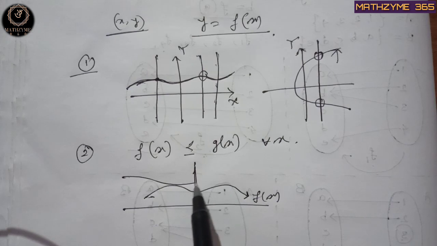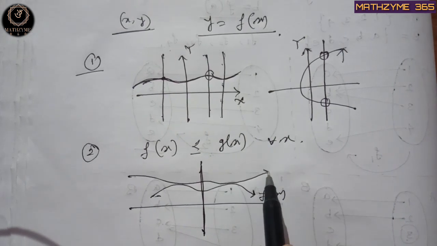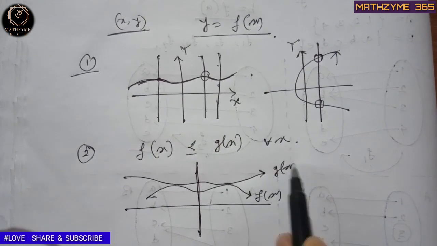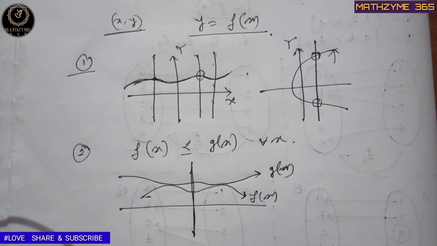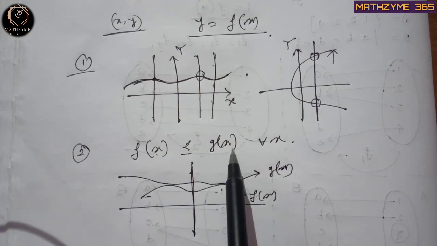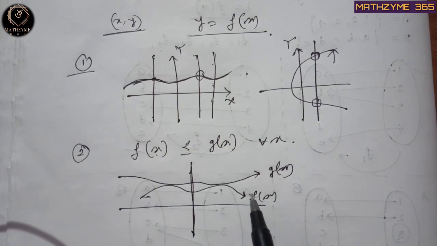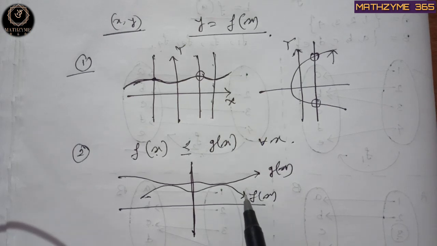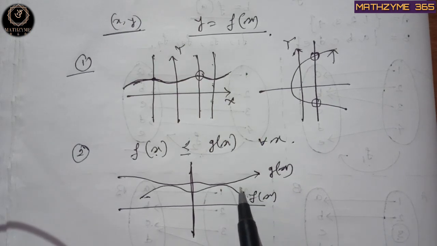You may take this as the f(x) graph, and this as g(x). If f(x) is less than or equal to g(x), then the graph of f(x) is always below the graph of g(x).